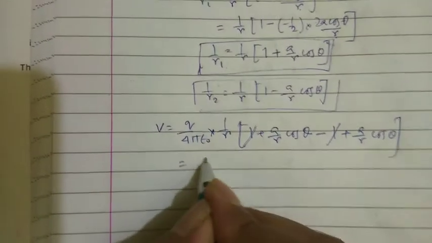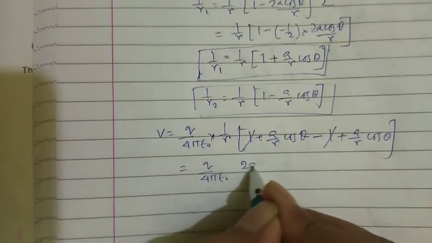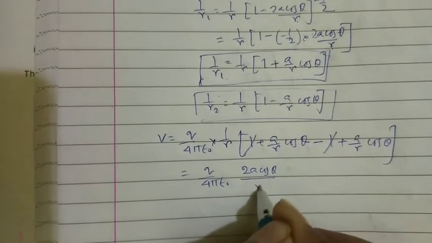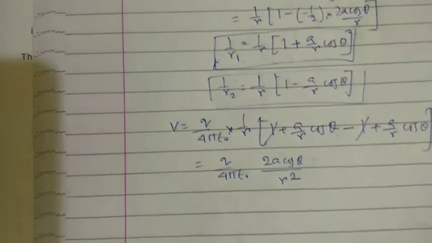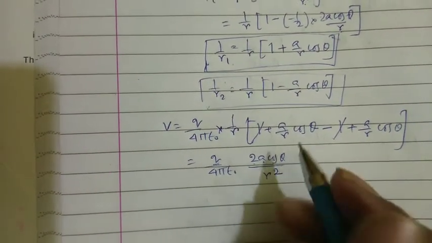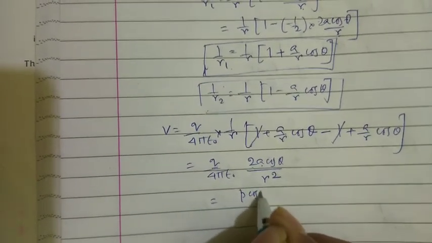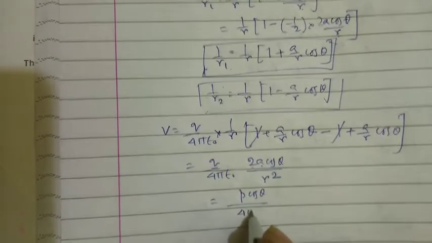Q by 4 pi epsilon naught, 2A cos theta by R square. Again, you know, Q into 2A is actually the dipole moment, so you can write P cos theta by 4 pi epsilon naught R square.